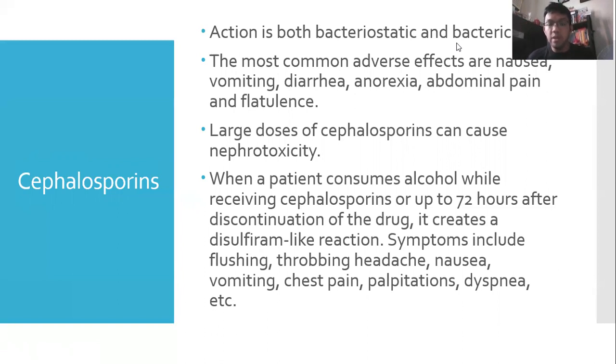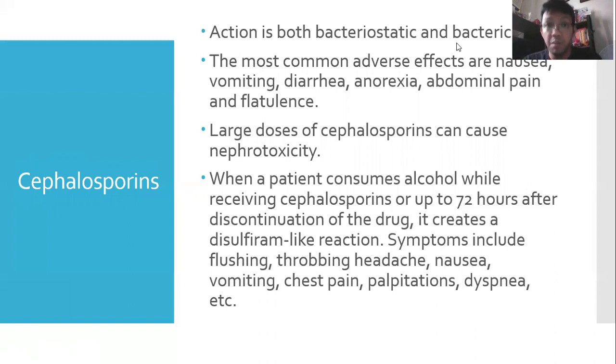psychopharmacology. Now, if a patient takes in alcohol together with cephalosporin, it will cause this reaction, which has signs and symptoms of flushing, throbbing headache, nausea and vomiting, chest pain, palpitations, and dyspnea. So it's as though the patient is suffering from a heart attack if they are mixing cephalosporins with alcohol.